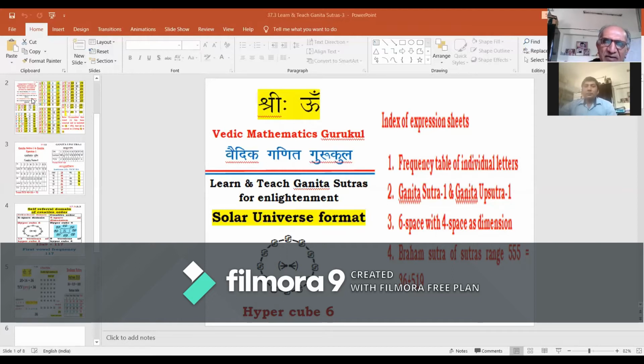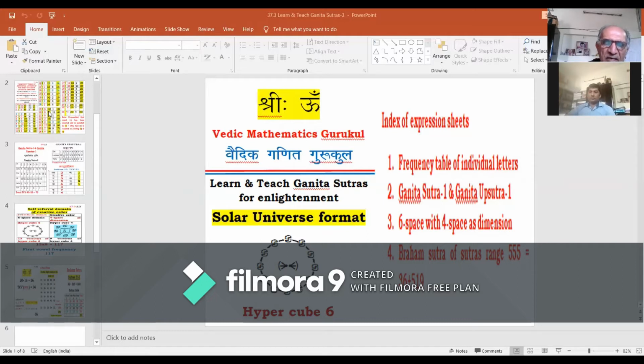Hypercube 6 has 13 versions. These 13 versions of hypercube 6 are the representative regular bodies of 13 geometries of space. Now, four space itself manifests as hypercube 4.